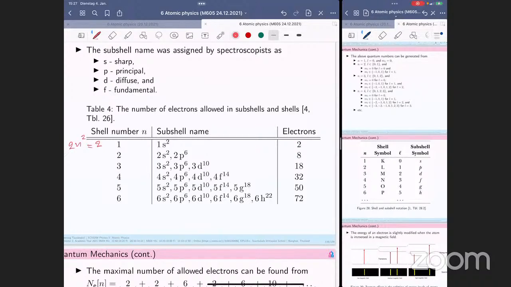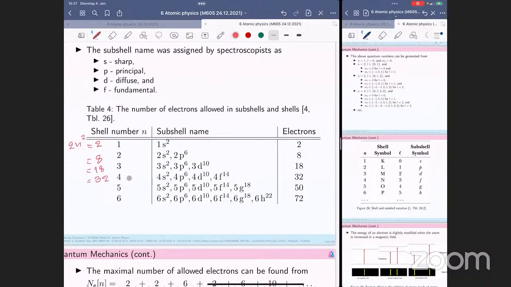When n is equal to 2, 2 squared is 4, 4 times 2 is 8. When n is equal to 3, 3 squared is 9, 9 times 2 is 18. When n is equal to 4, it's 16, 16 times 2 is 32.